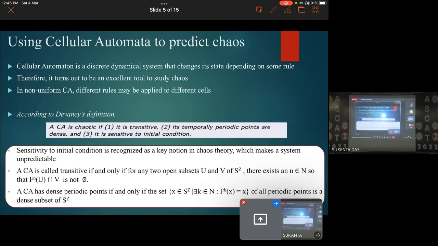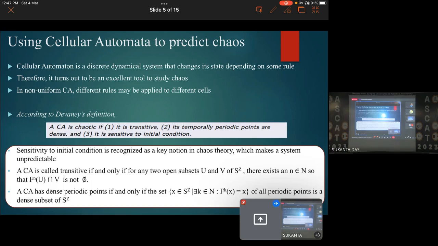So we have already seen that sensitivity to initial configuration is a very important part of chaos, because we were adding one information or one noise to the stable system, and as it is very much sensitive to its initial configuration, it starts propagating and it starts affecting its neighbors, and thus it makes the system chaotic.